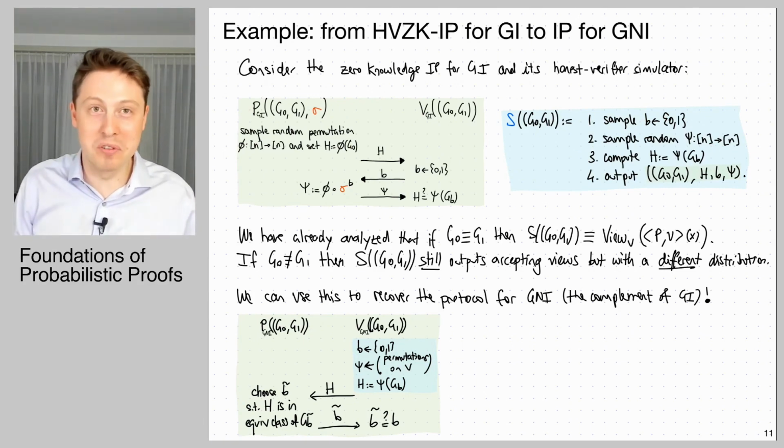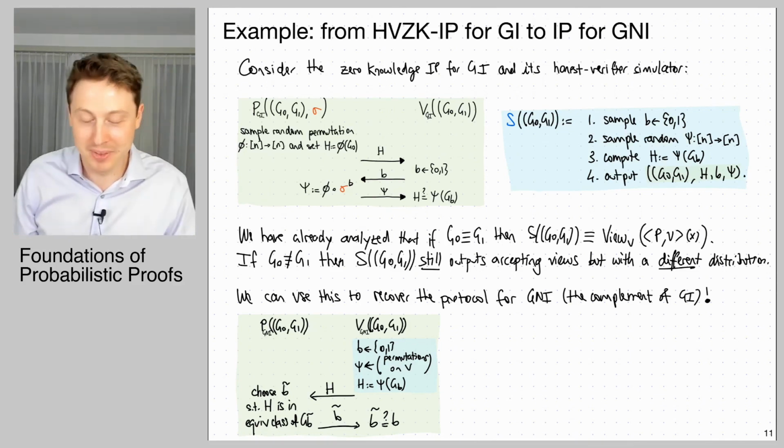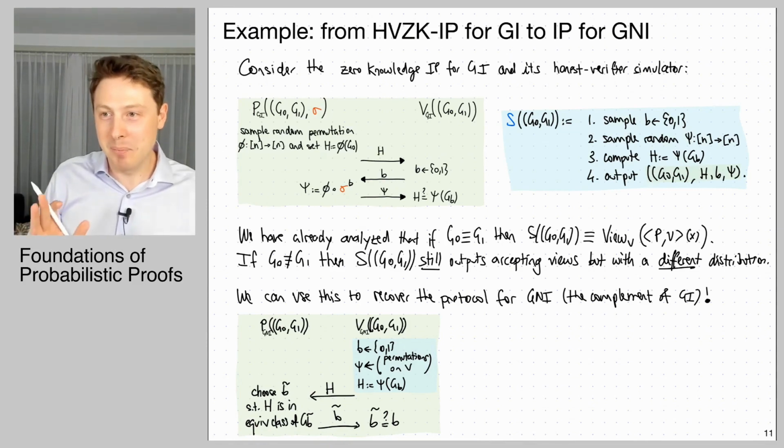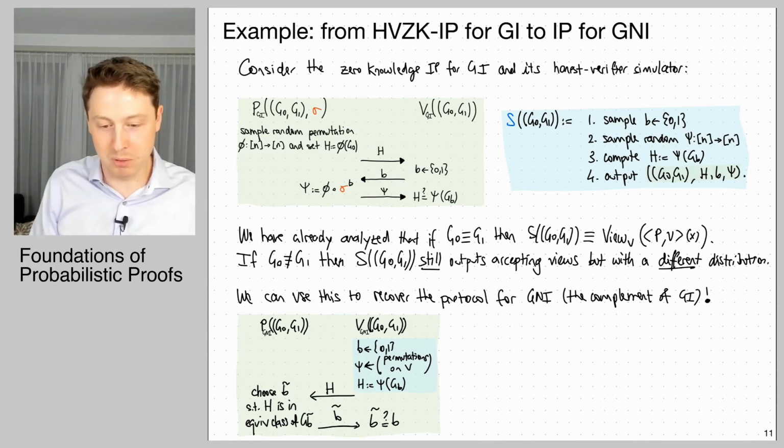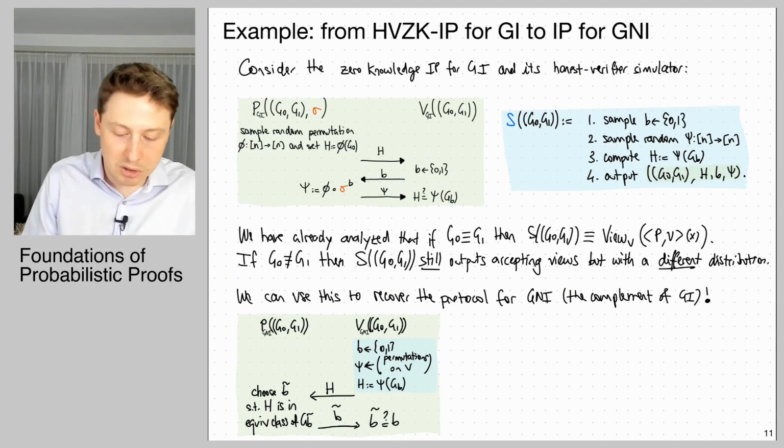These two proofs were designed independently, before this connection was made, that being zero knowledge tells you something about the complement. This proof was designed as a zero-knowledge interactive proof. This was designed as a non-zero-knowledge interactive proof for a problem not known to be in NP, right?